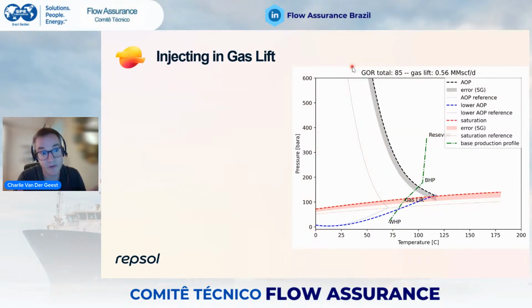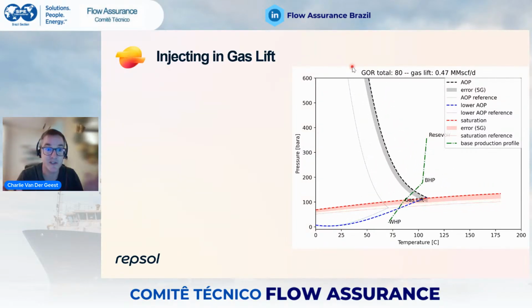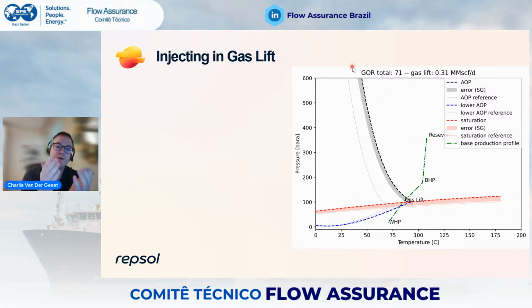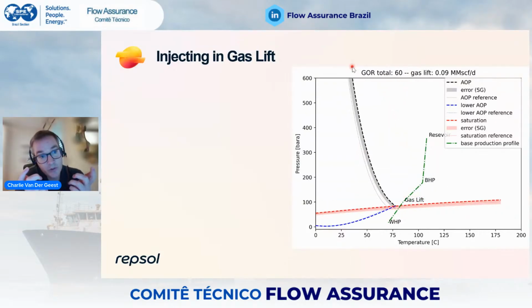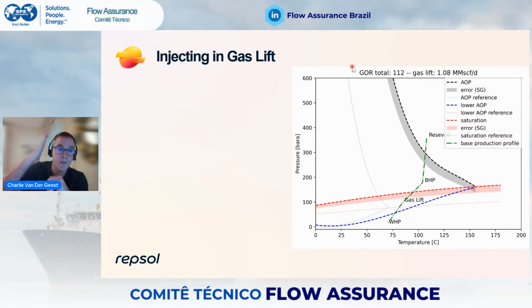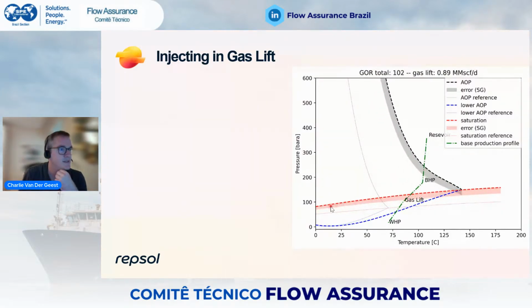This is a visualization of the tool. Obviously, this is not what people see. I made this for this presentation only, so you have an idea what's going on when you increase your flow rate. Basically, you're increasing your asphaltene onset pressure, and you're increasing your saturation pressure.